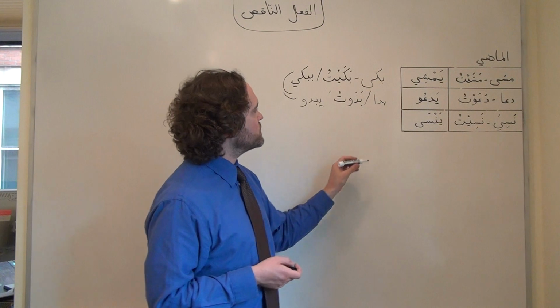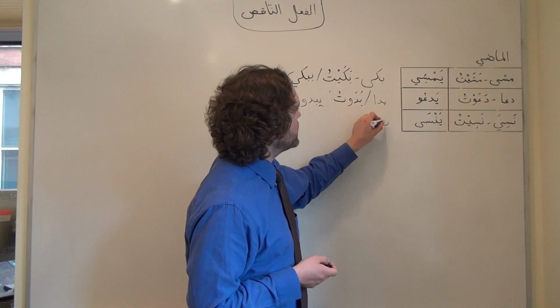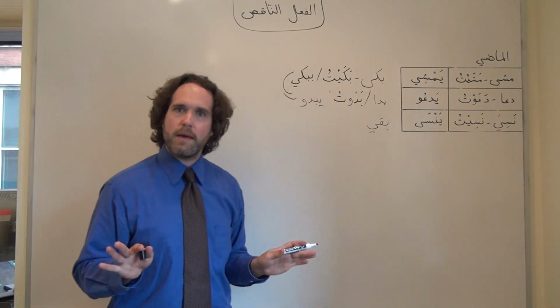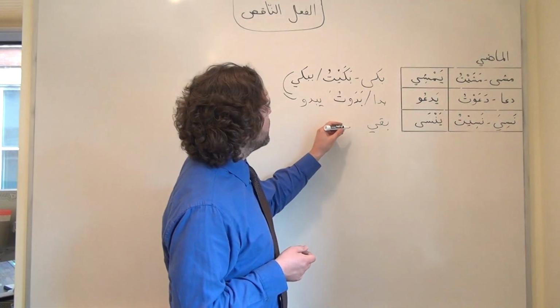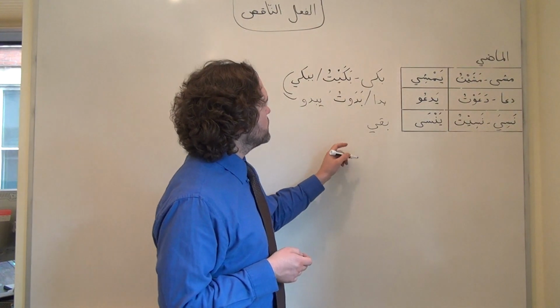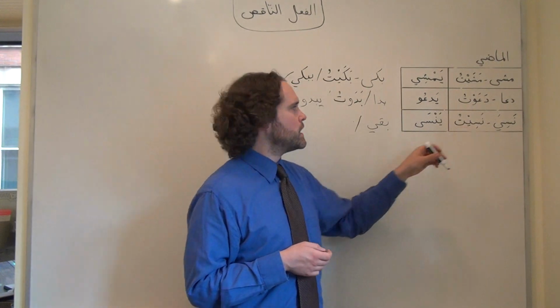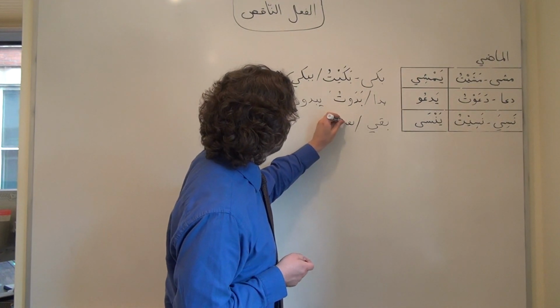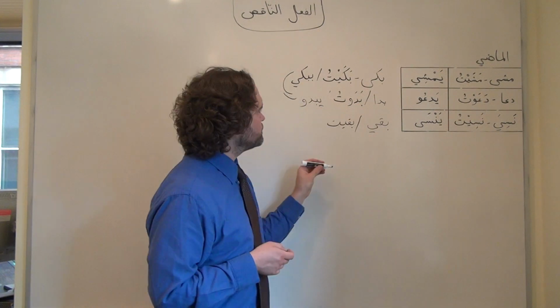One last example for the last pattern, we have a verb baqiya, which means to remain or stay, or sometimes survive. So in the past tense, I remember nasiya, and I can say baqitu.